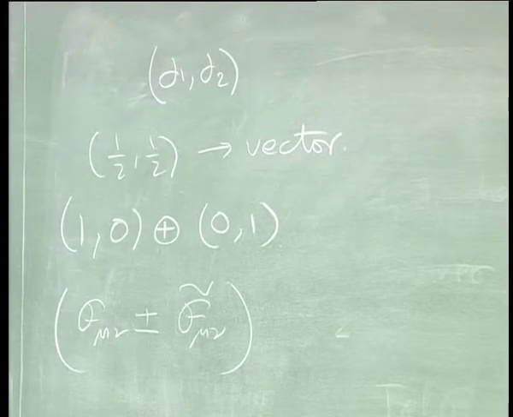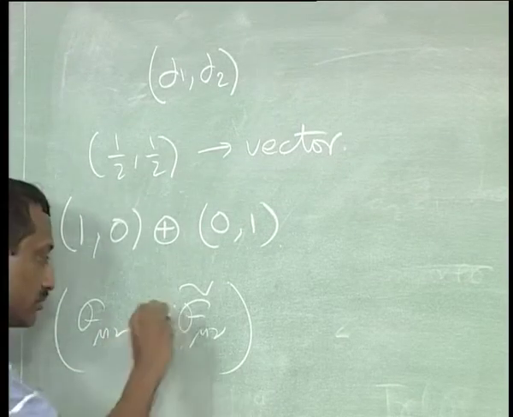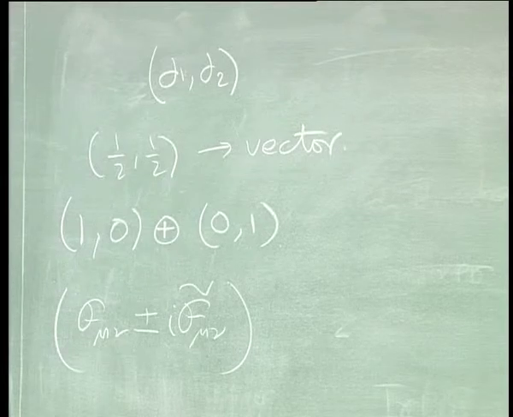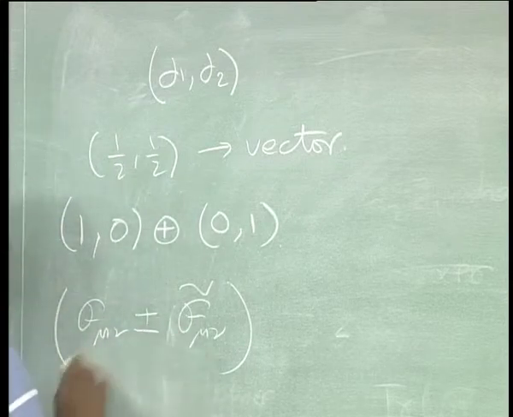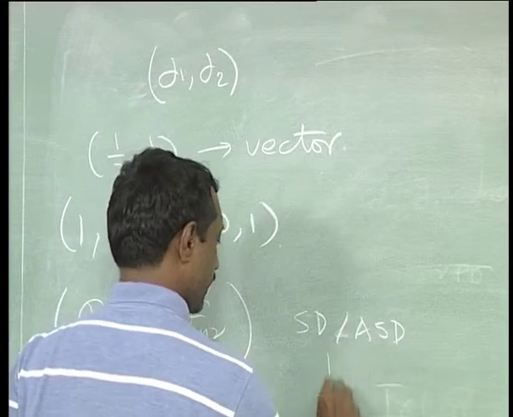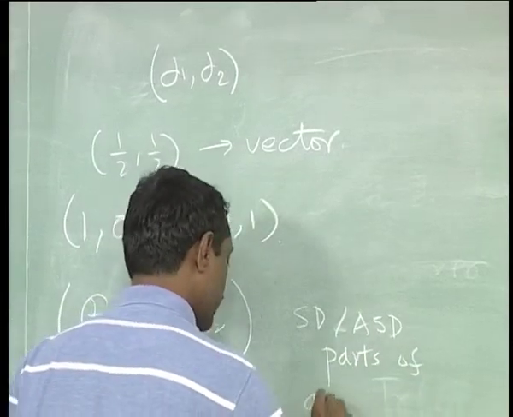You can do this even in Minkowski, except you have to put an i, because star square was minus 1, so its eigenvalues are plus or minus i. So these are the self dual and anti self dual parts of any antisymmetric second rank tensor.